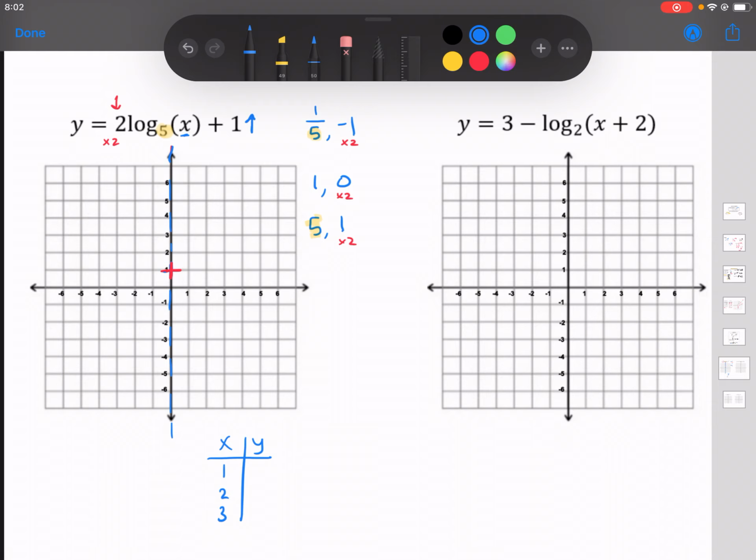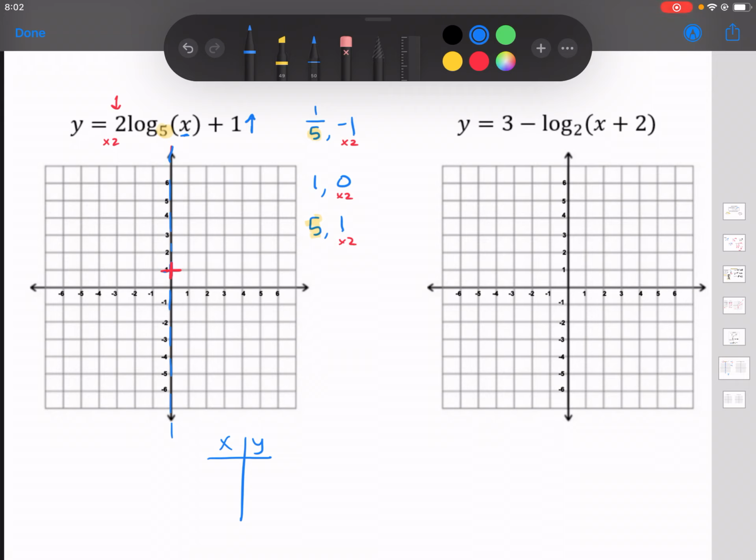Just know that if you're going to do table method, you do have to do change of base formula, because there's no other way to plug this in without the change of base formula. So feel free to do that. I'm not going to go ahead and find those values. Maybe I'll explain some better numbers that might help so you can do it in your head rather than doing table or using a calculator.